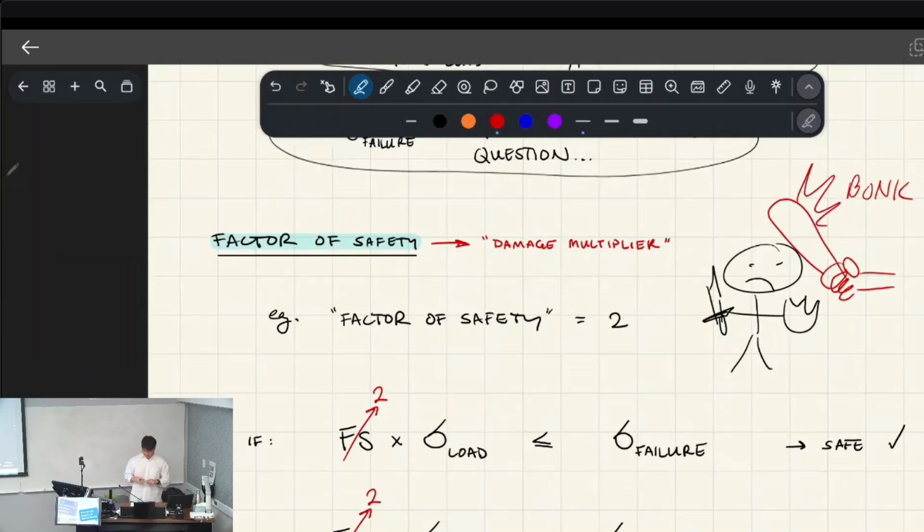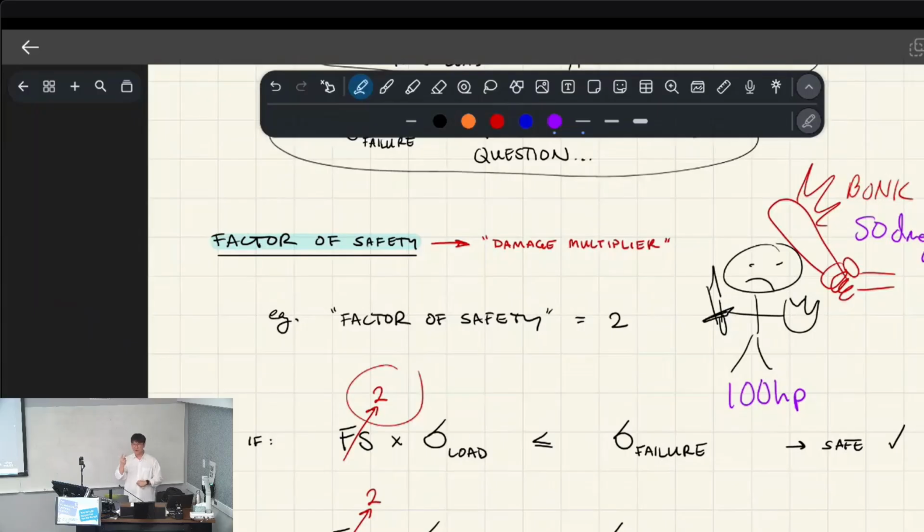Okay, so your hero's taking damage, but your hero has to account for it, right? So we'll do a factor of safety of 2, right? If your hero has 100 HP, you're like, okay, if I take 50 damage, I'm already too deep to stop this analogy. Okay, so just bear with me, please. Right? So if I take 50 damage, I'm like, okay, I'm going to go back to my base and I'm going to recover.